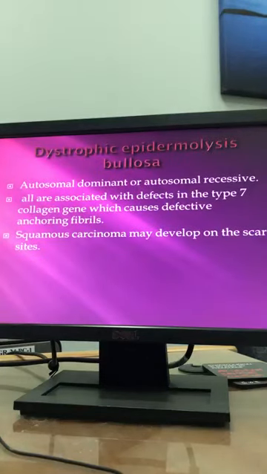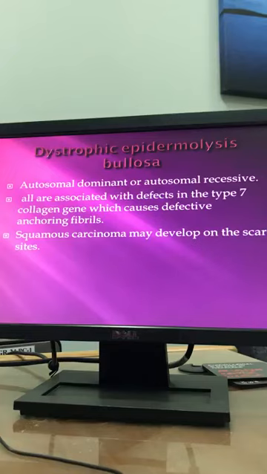What about the third type and probably the most severe type of epidermolysis bullosa, which is called the dystrophic? It's autosomal dominant or autosomal recessive, could be both, and is associated with defects in the type 7 collagen gene. Type 7 collagen is present in the dermis, sublamina densa of the basement membrane.